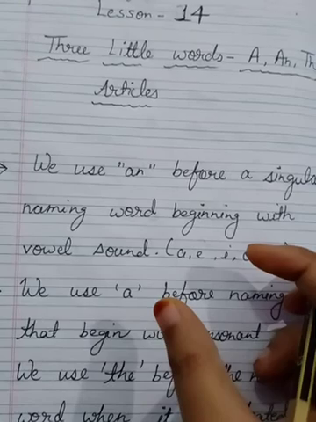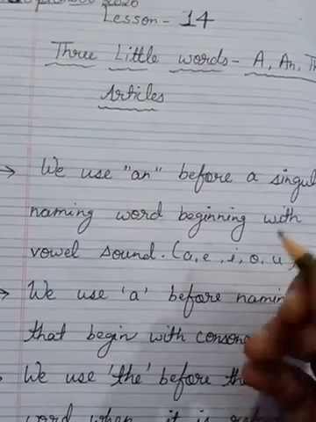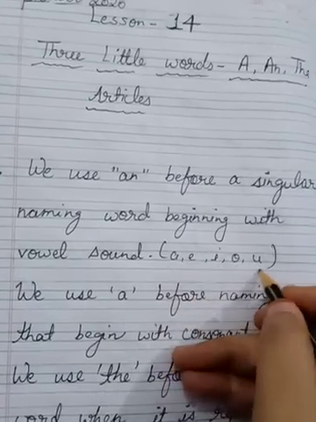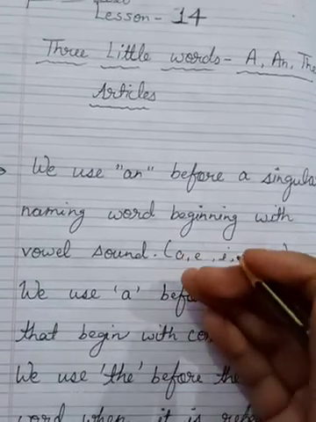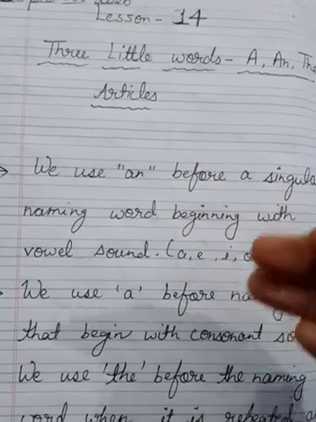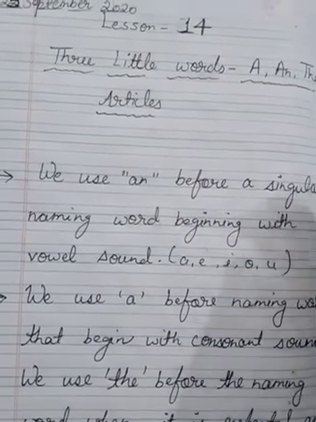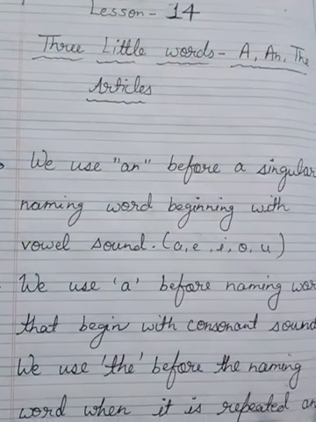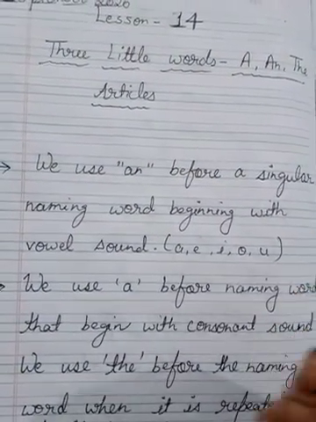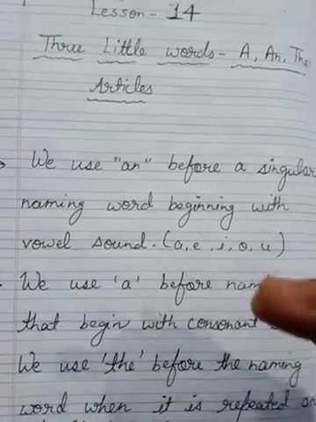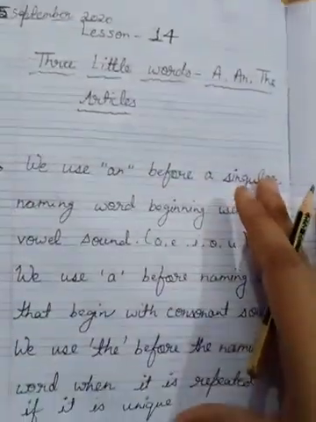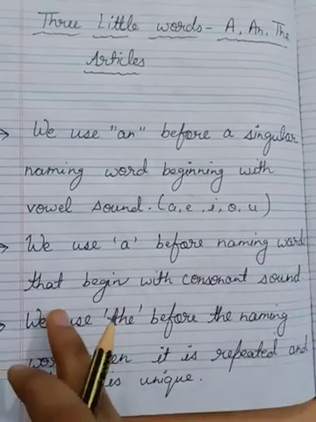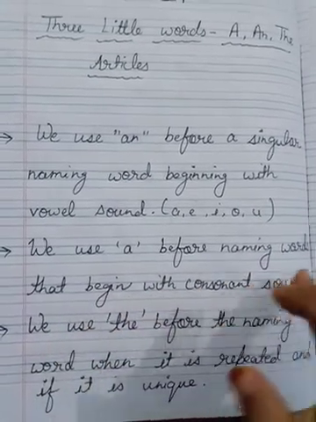If a word is given and that word is starting with a, e, i, o, u, or that word is having a sound a, e, i, o, u, so we will write an before that word. Okay, we will see examples also. Firstly, learn this only. So next, we use a before naming words that begin with a consonant sound.